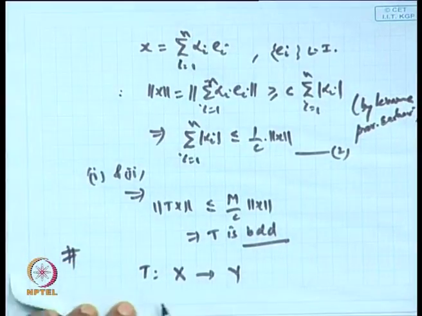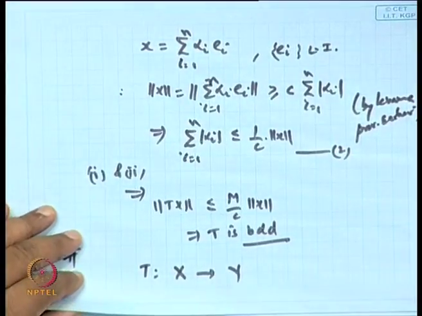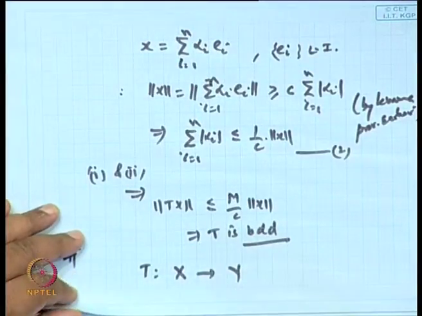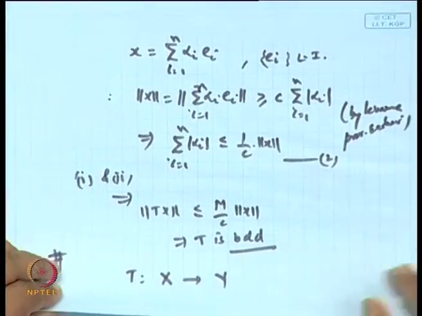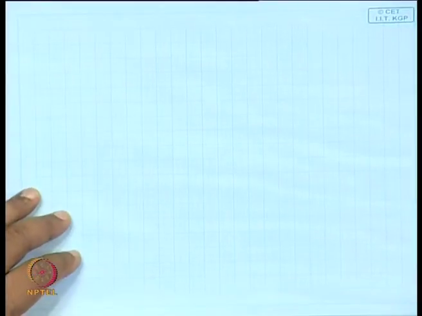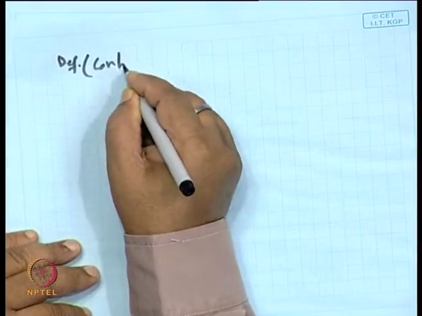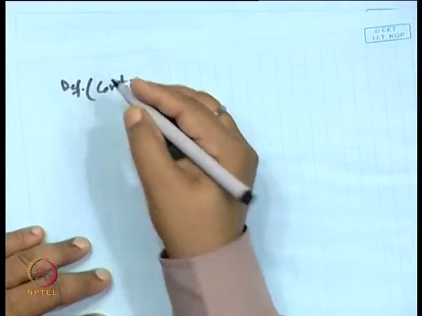A similar concept we can also define over a bounded linear operator, over a linear operator, or in general an operator, when the operator will be considered to be a continuous operator at a certain point or over the entire domain of T. So, we define the continuity of an operator.